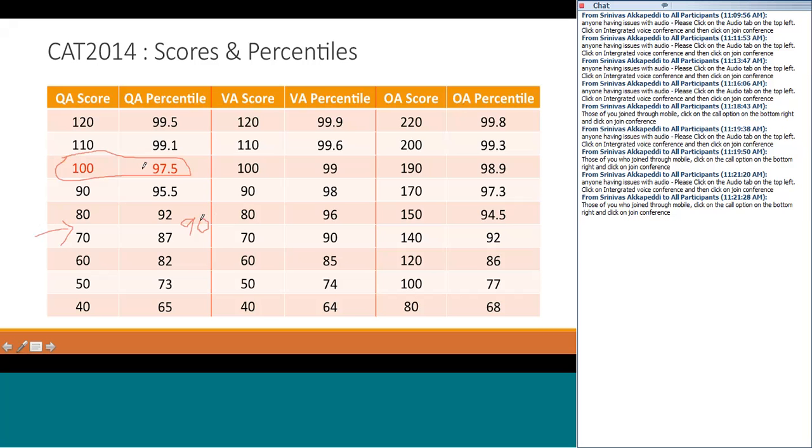And I was talking about 99 percentile: another 3 questions more, and every question gives you 3 full marks. Another 3 questions, your percentile will be 99 if you are reaching 100. That's about 70% of the marks, and that's all we are talking about. You can also see that if you get 120 out of 150, you are going to be more than 99 percentile.